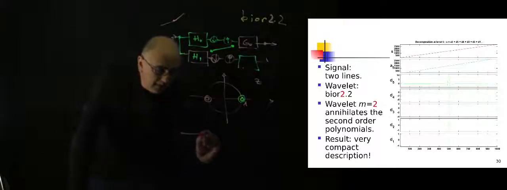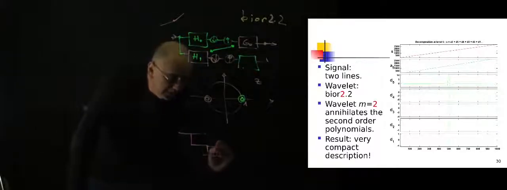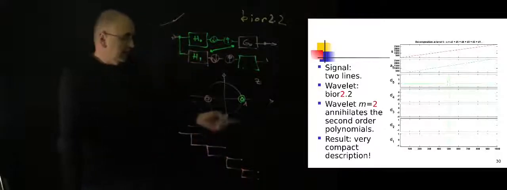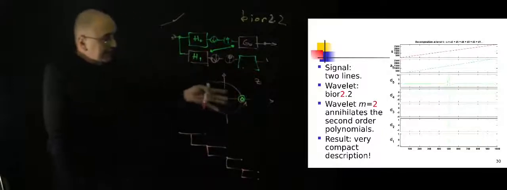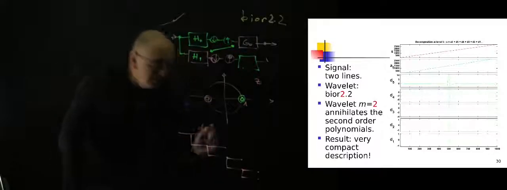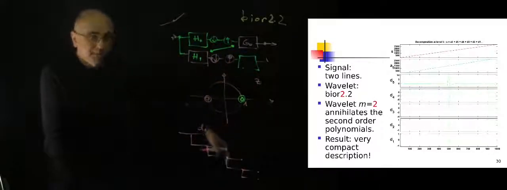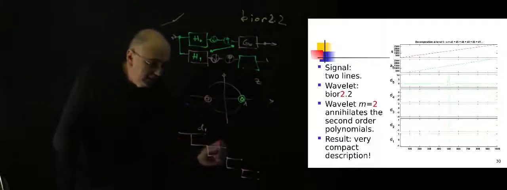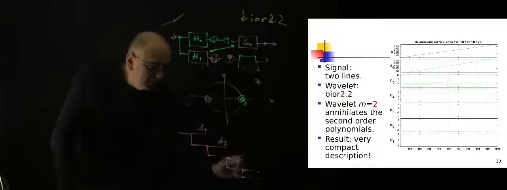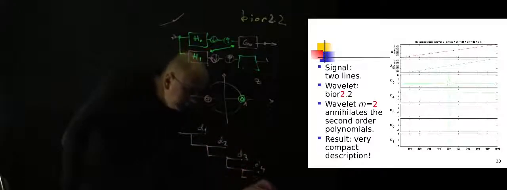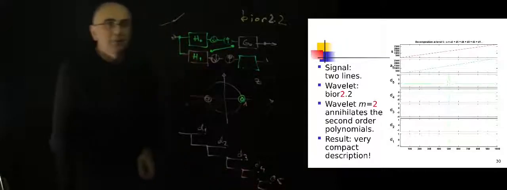So we have a wavelet tree. We start, so on the slide we have D1 coefficients in the bottom row, then one upper row is D2, then D3, D4, we have even D5, and the rest is A5 approximation coefficients.